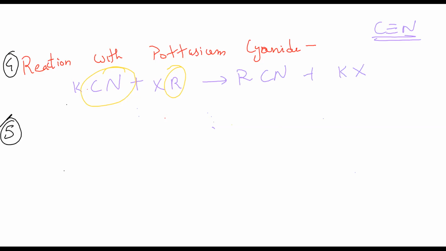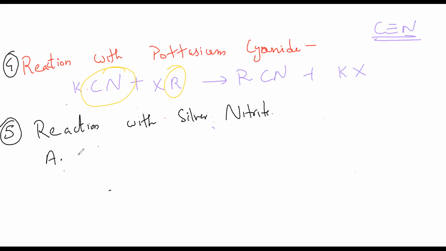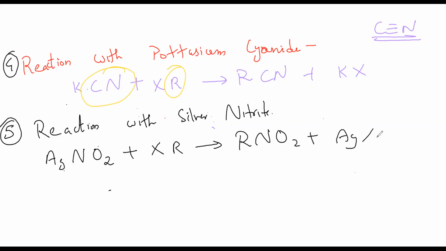Fifth one, reaction with silver nitrite. I'm writing down everything in points so that it'll be easy for you to remember. This is AgNO2, silver nitrite. AgNO2 plus XR will give this: R will get attached to the NO2, RNO2 plus AgX.